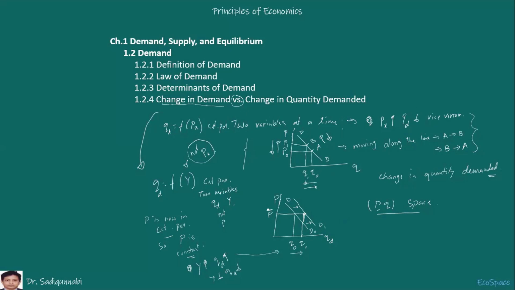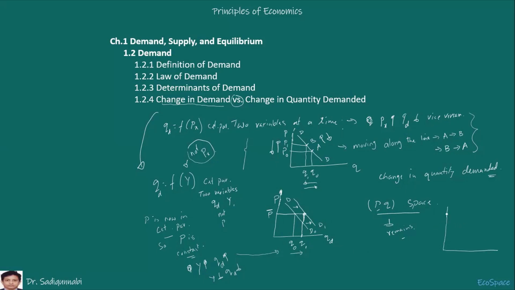Why shift forward? Because price remains constant. Price is in ceteris paribus. Now income increases, our space remains PQ. That's why when income increases and price is constant, the demand curve shifts forward. When income decreases, the demand curve shifts backward. So we can draw another picture here.